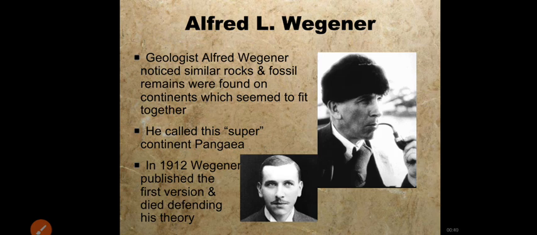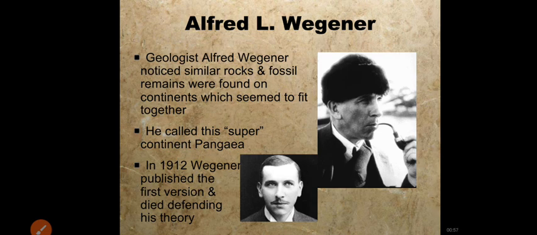This theory says that over 200 million years ago, the present-day continental masses that we have the various countries on were all once together.